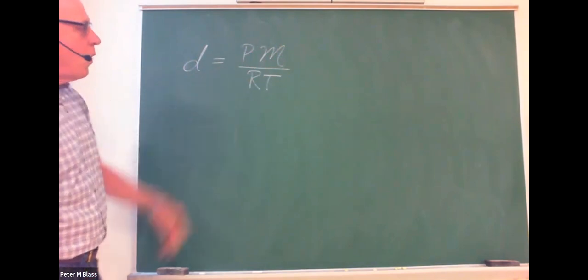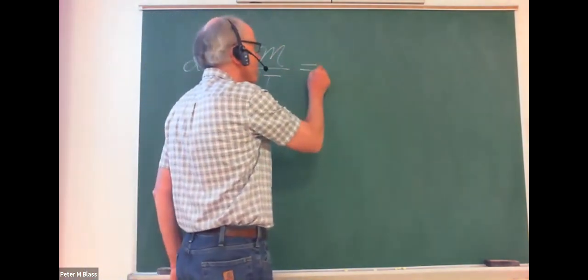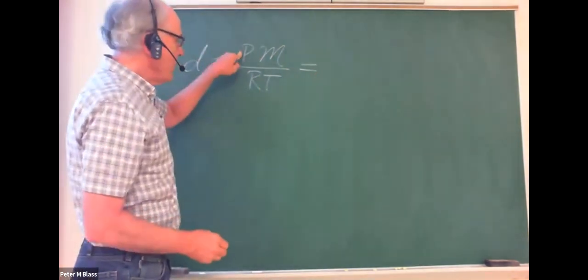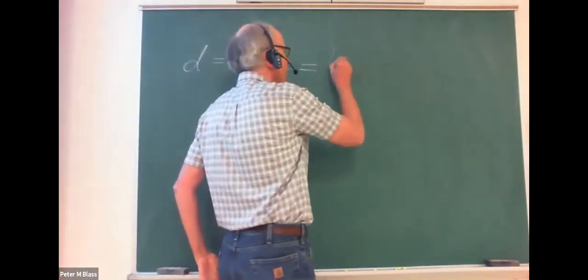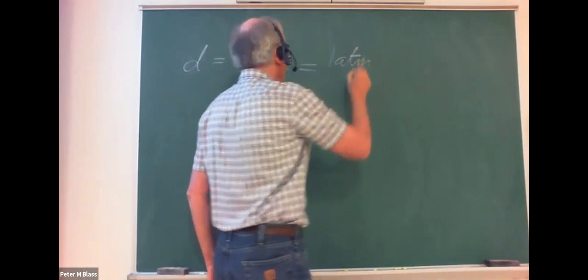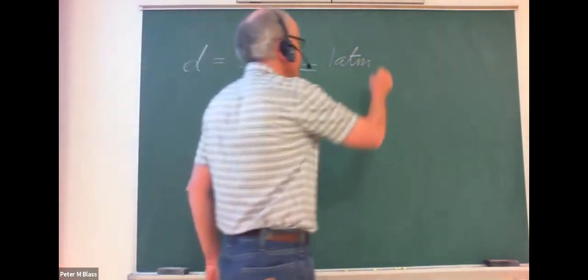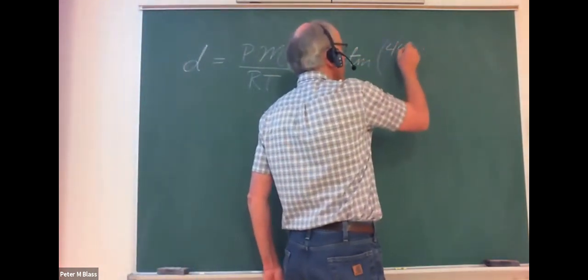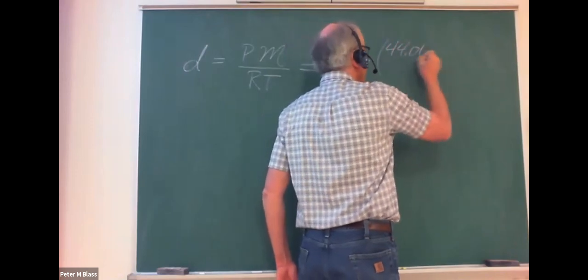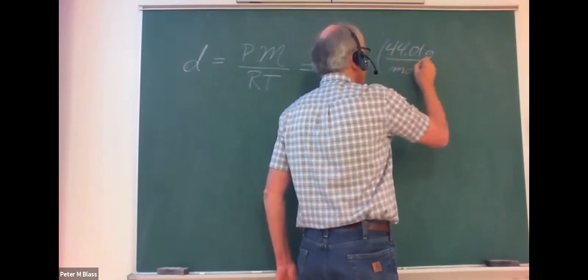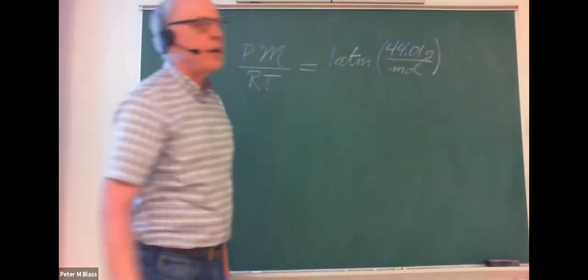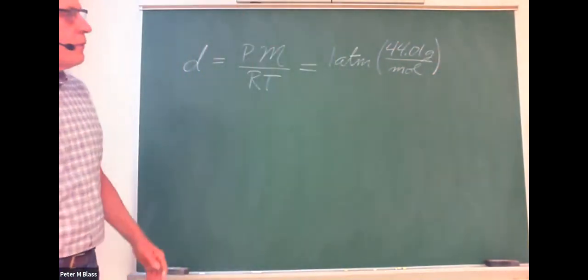So let's put in all the units and make sure this works out right. STP, so P is 1 atmosphere. Now my molar mass, 44.01 grams per mole. That's for carbon dioxide. You can check it out if you want.